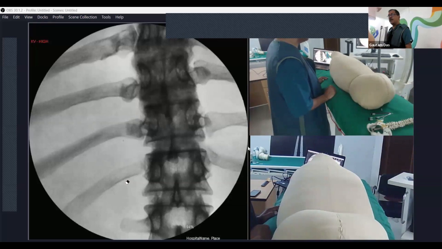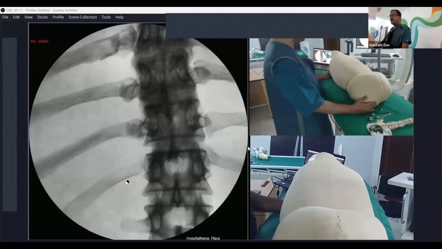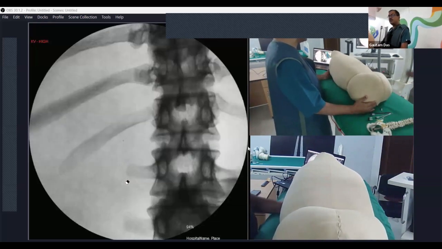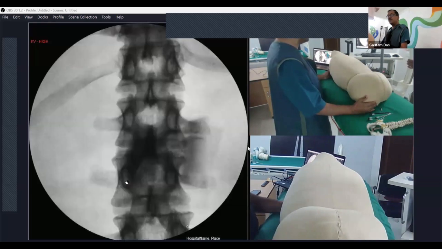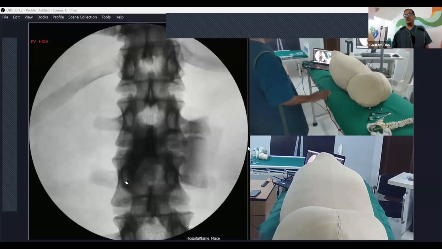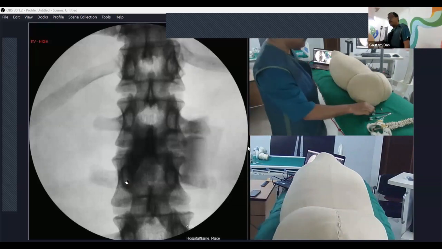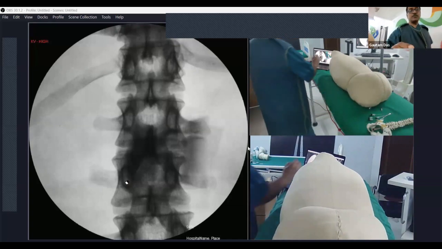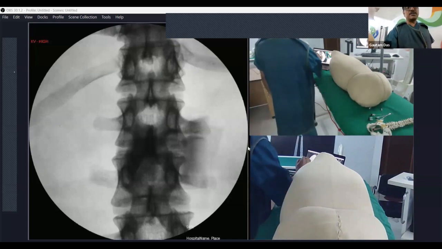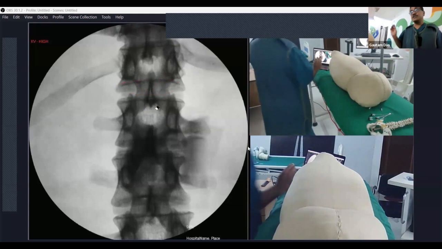First you identify the area of T12 and L1. Okay, so you can see T12 and L1, and then what you have to do is make a true epi. True epi, why? Because this is your equidistance, but here you see the end plate is not parallel.